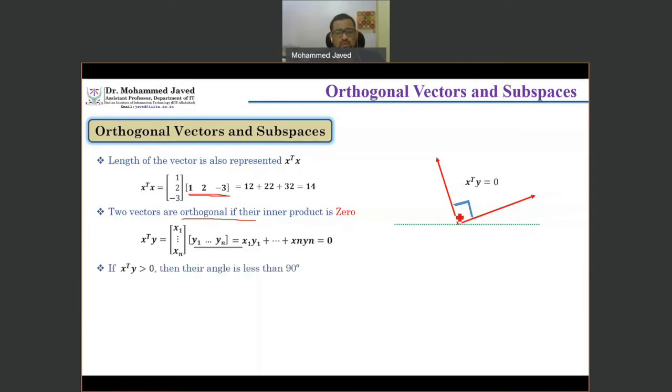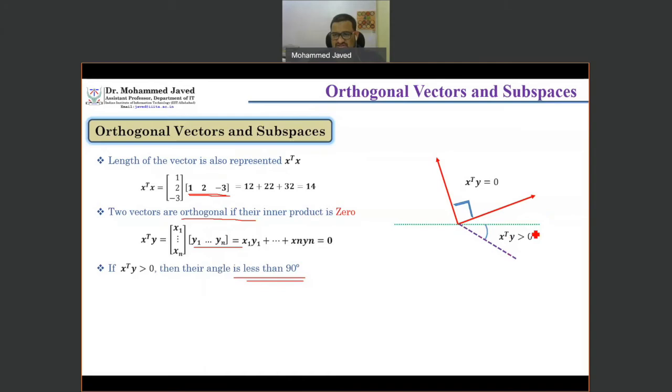So what happens when the value of x transpose y is greater than 0? If the value is greater than 0, then their angle is less than 90 degrees, right? So here I have shown one example. You can see, okay, this is a vector, this is another vector, right?